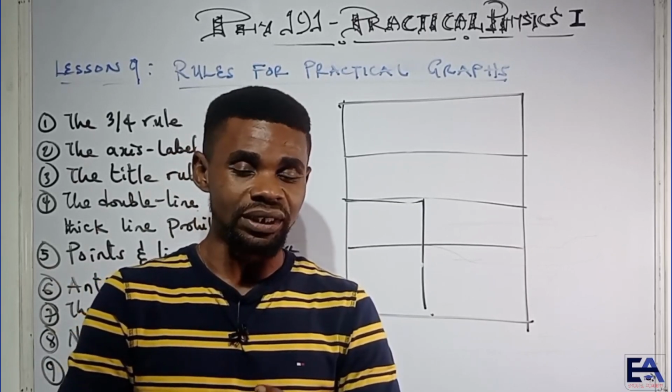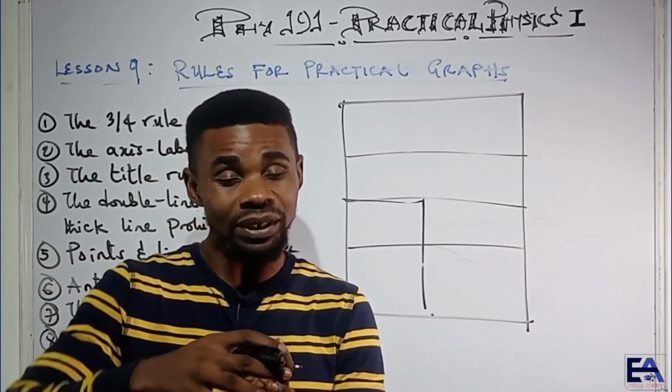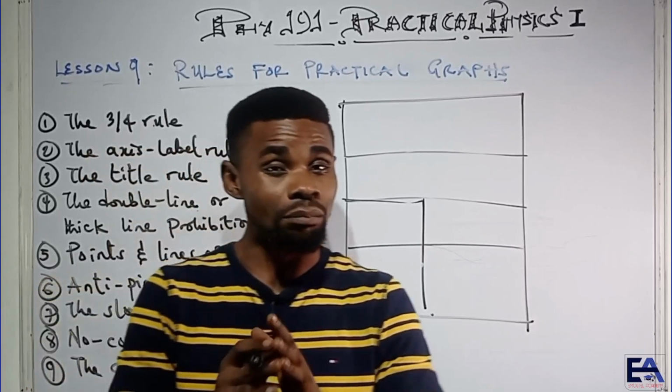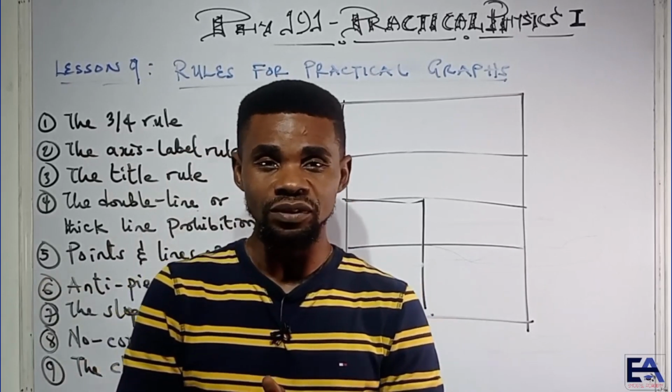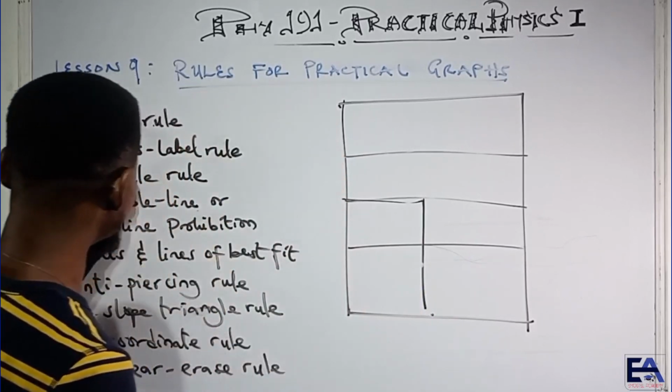You remove the errors with the size. The bigger the size of the graph, the lesser the tendency of having errors, and the more accurate your graph will tend to be. So please take note of the 3/4 rule.